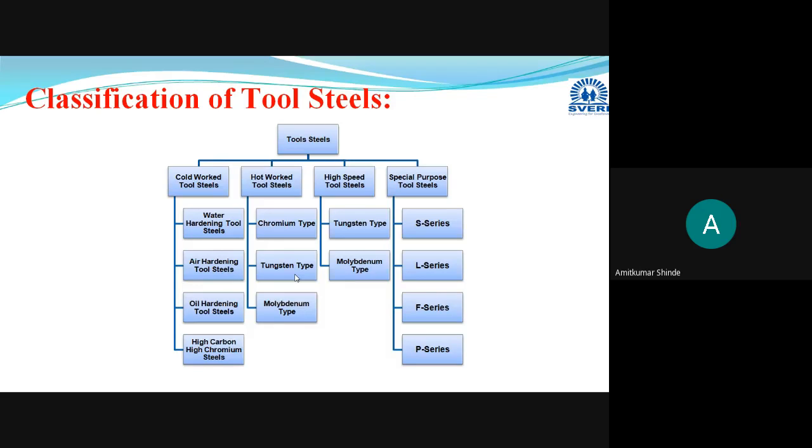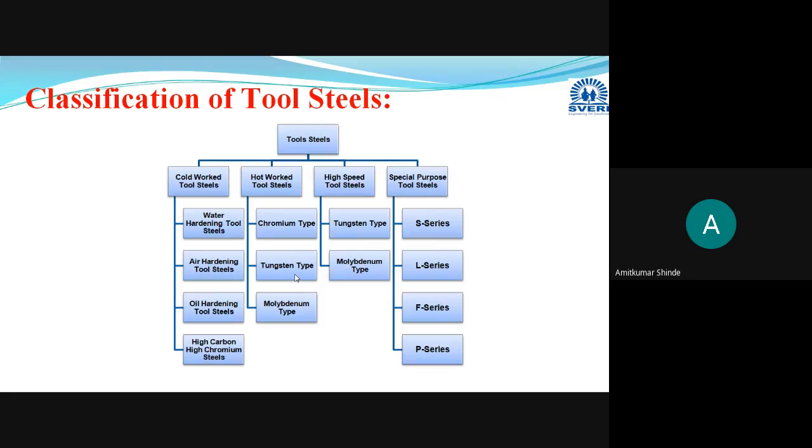Now, the alloy steels are classified, and that classification we have seen briefly at the start of our chapter, in the classification of the metallic material. Alloy steels are classified into tool steels and stainless steel.